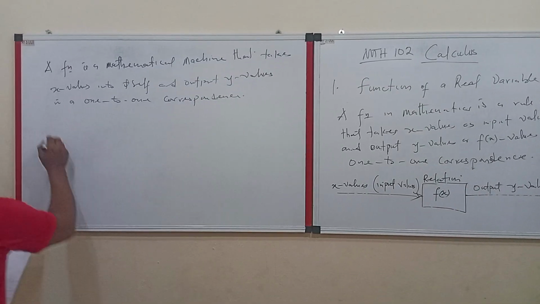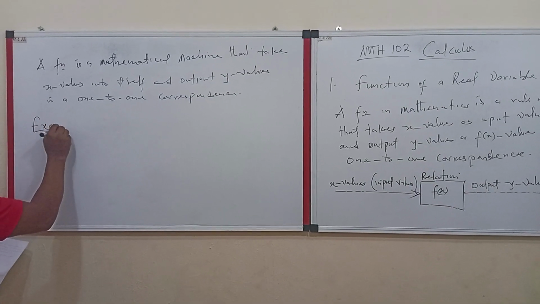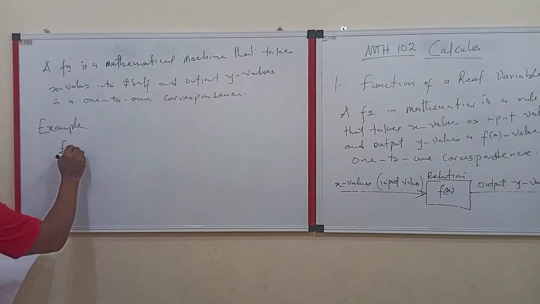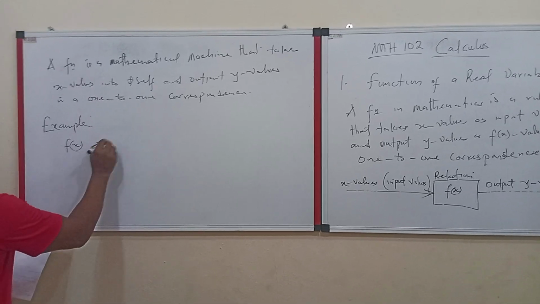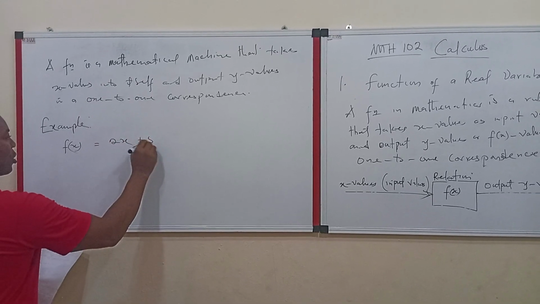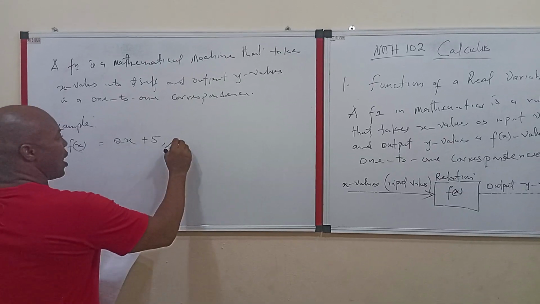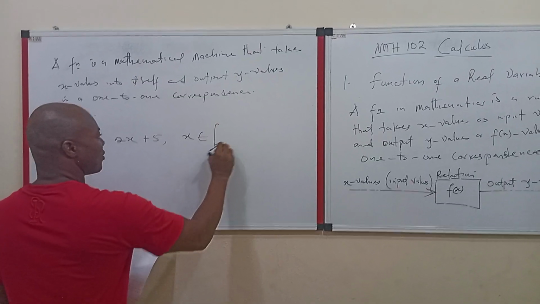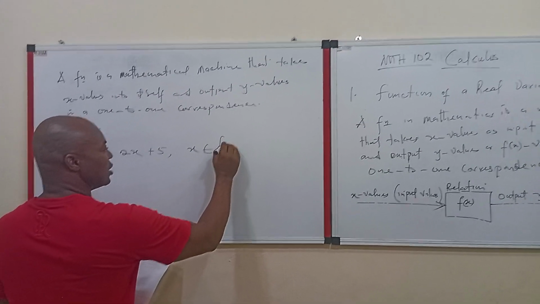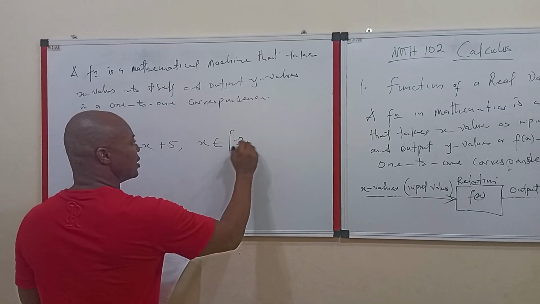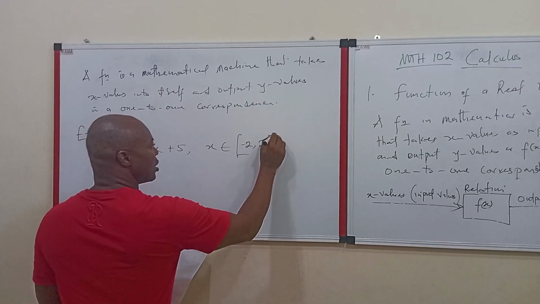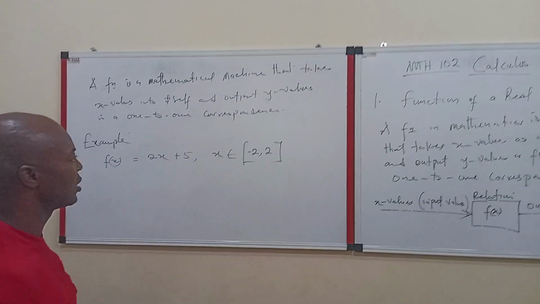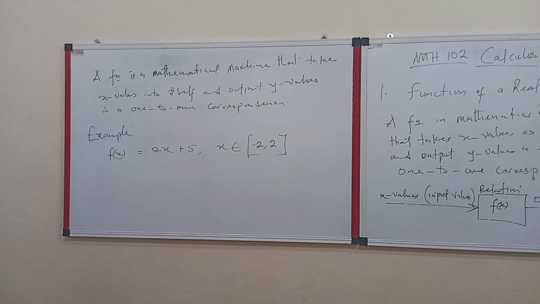Now let's consider an example where we have f of x is equal to 2x plus 5, where x is within this interval, say -2 and 2, where x is contained in this interval.